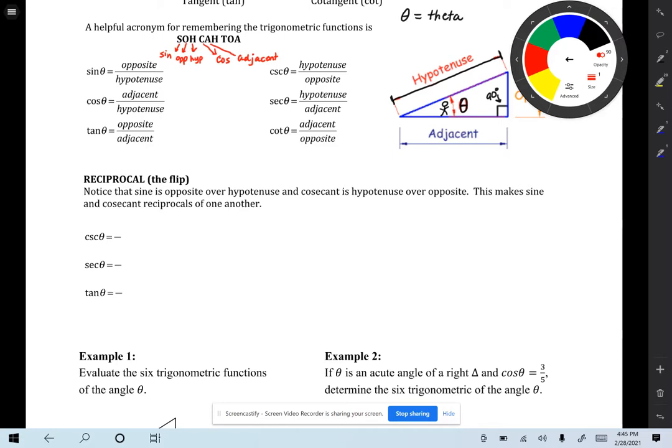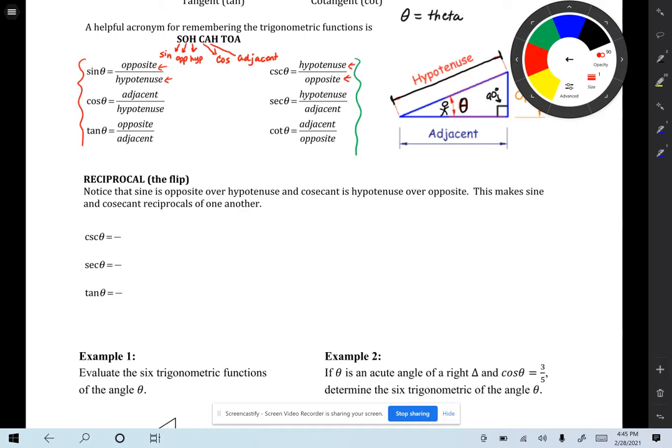And notice if you look at these three right here, and then you look at those three right here, they're the reciprocals, meaning sine is opposite over hypotenuse, cosecant is hypotenuse over opposite. So they've just been flipped. So sine and cosecant are reciprocals, cosine and secant are reciprocals, and then tangent and cotangent are reciprocals.